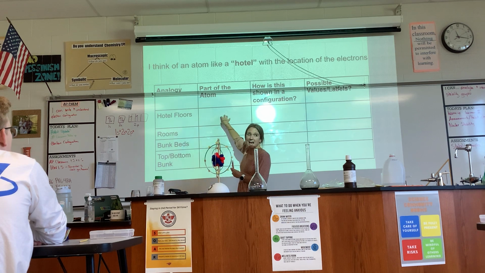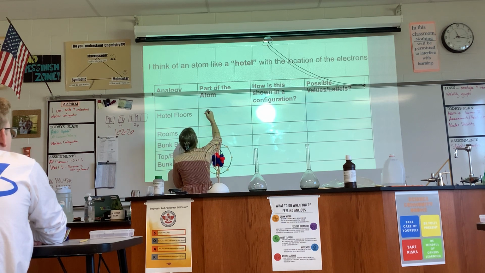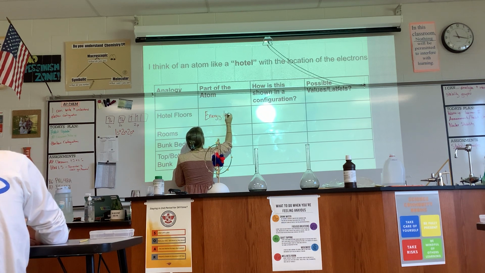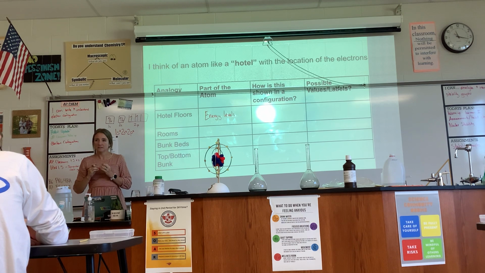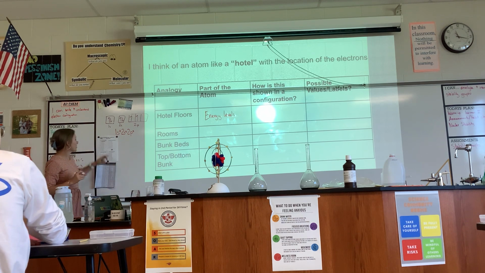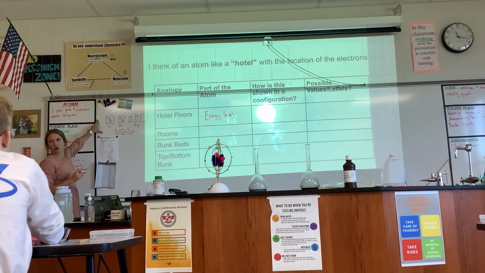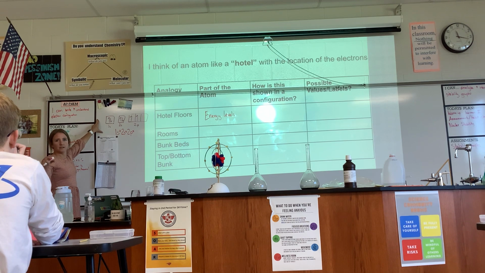In terms of the actual atom, these are the energy levels. The energy levels are like floors of the hotel. I wrote over here the carbon example you already wrote down. I'm just going to reference it, so I put it here as well.